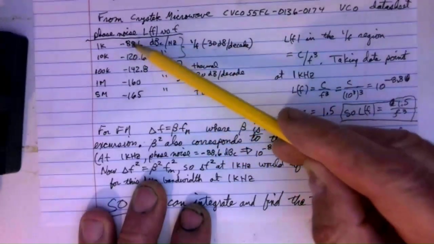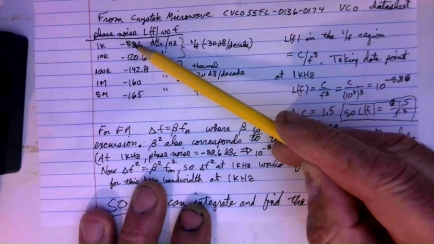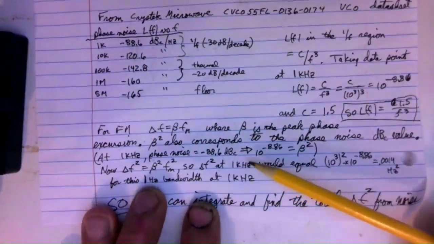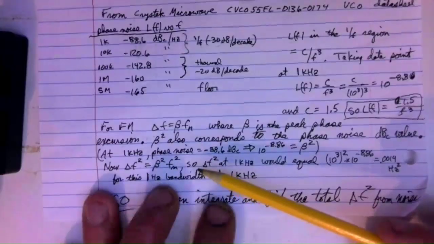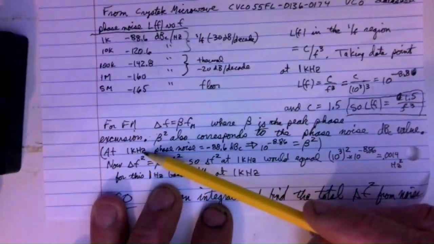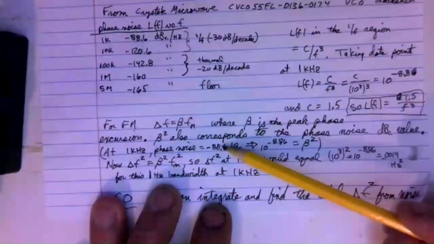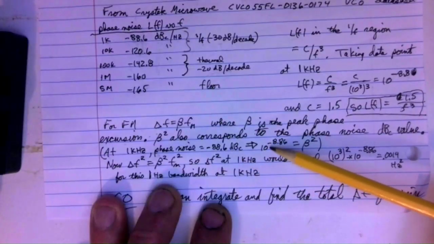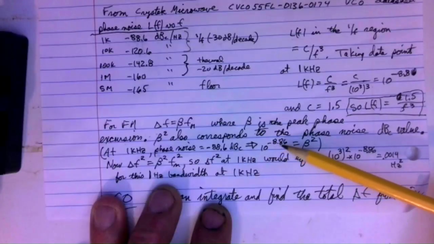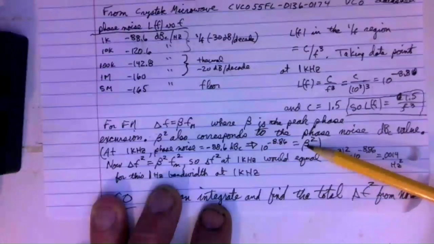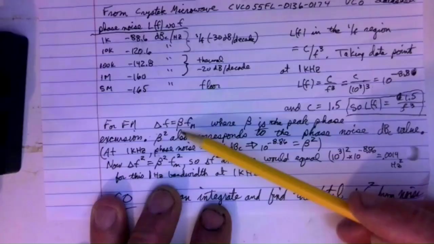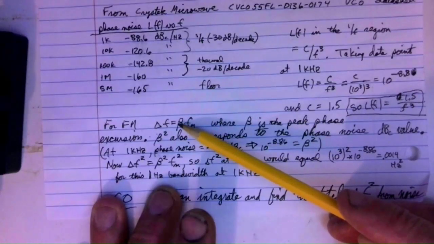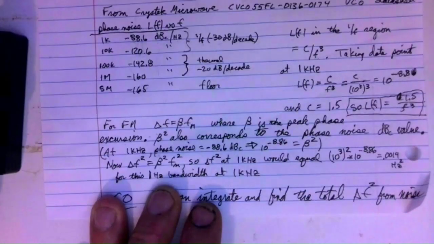So this number relates to beta squared at 1 kilohertz, for instance. So let's just do a calculation, just at 1 kilohertz, just to see what this means. So at 1 kilohertz, our phase noise is minus 88.6 dBc, which is equal to 10 to the minus 8.86, which is equal to beta squared, where beta is this beta here, the peak phase deviation.